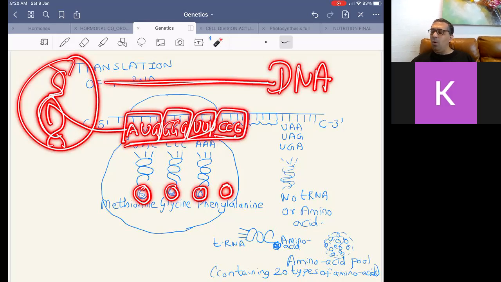तो डीएनए पे क्या होगा? डीएनए पे AUG के लिए होगा TAC. TAC is the start codogene. For GGG, what was the sequence present? CCC. For UUU, it was AAA.